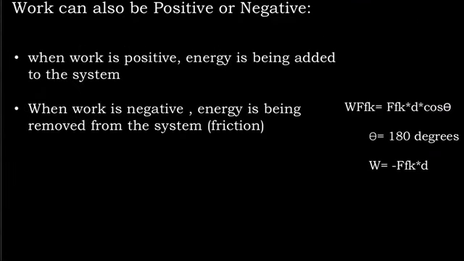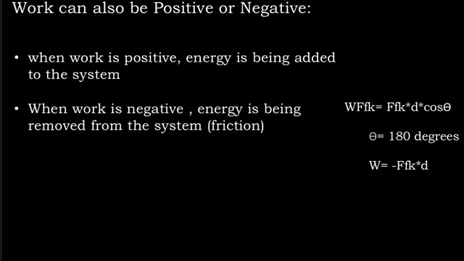Just like work can equal 0, it can also be positive or negative. When work is positive, energy is being added to the system, so you'll have a positive answer for work. When work is negative, energy is being removed from the system caused by friction, and you'll have a negative answer for work. It can be broken down into this equation you see right here.